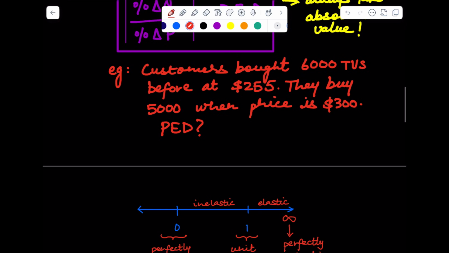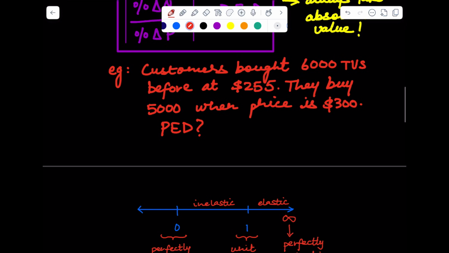So again, it's the change, so it's always going to be before versus after. So your final minus initial over initial, essentially.